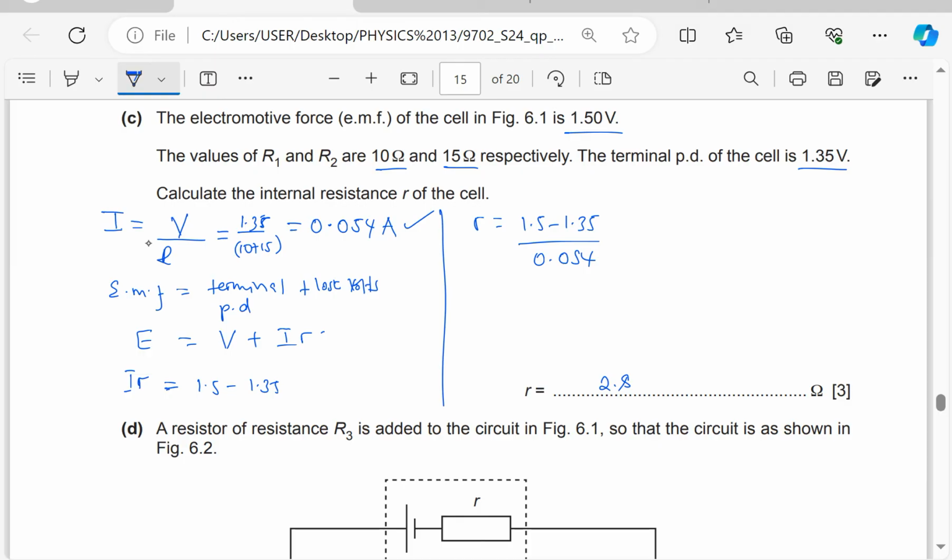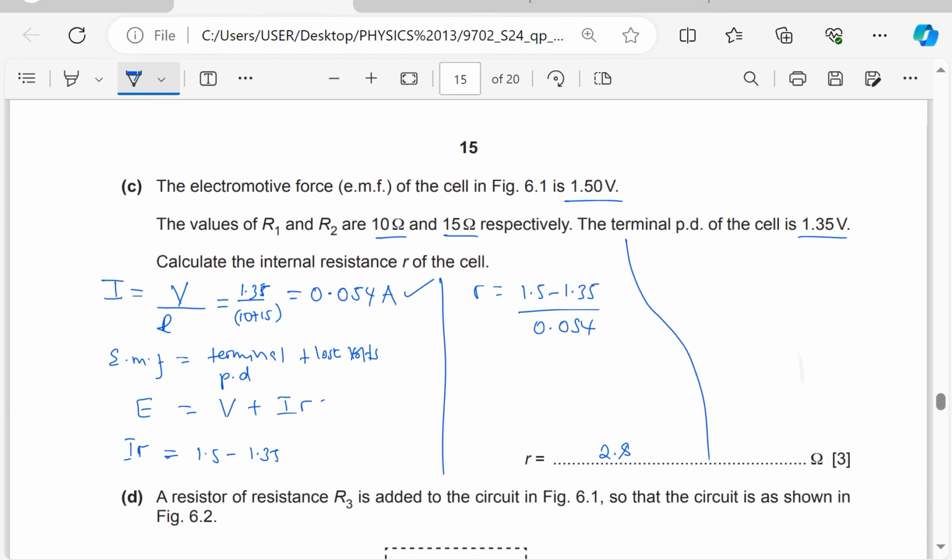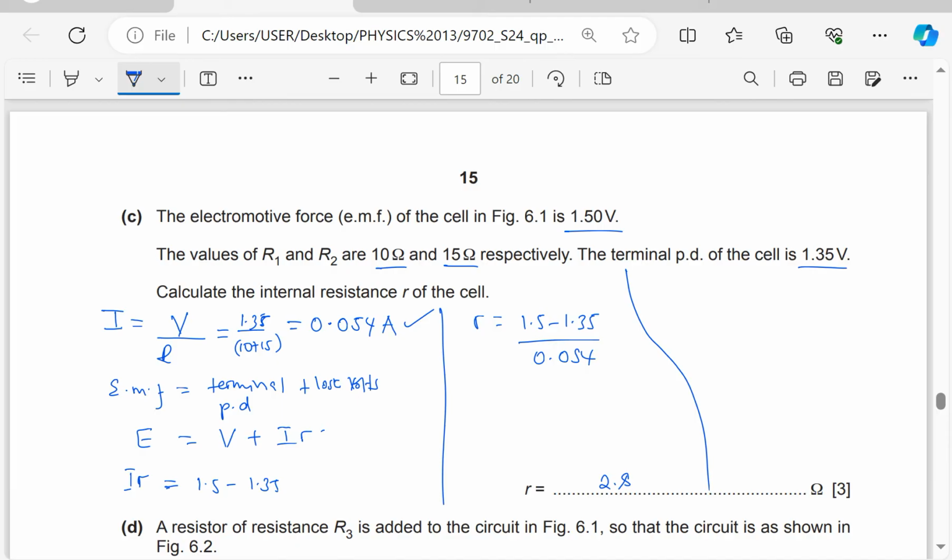Alternatively, I could use the potential divider formula. Let me try to see if I can use the potential divider formula. For the potential divider formula, the ratio of the resistances should be directly proportional to the ratio of the PDs. So r over the resistance in series should be equal to the lost volts over the terminal PD.